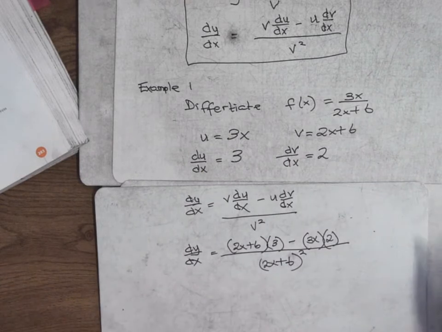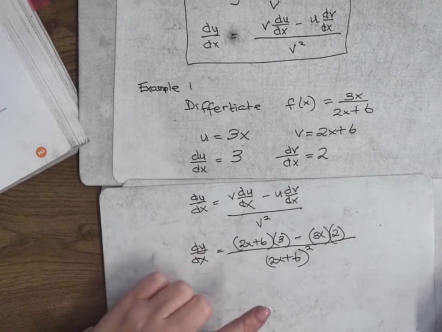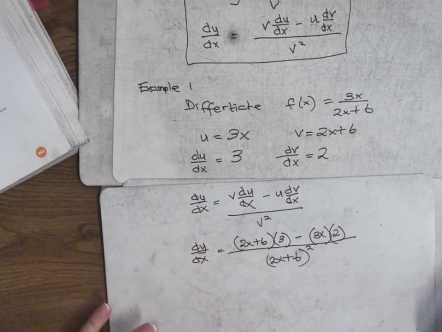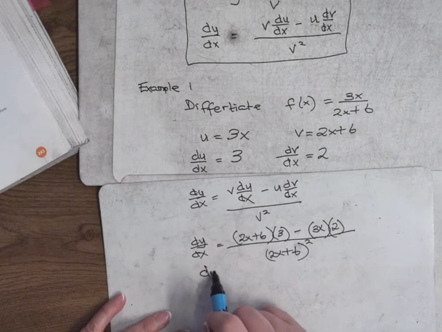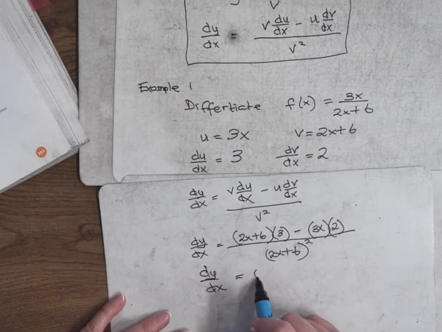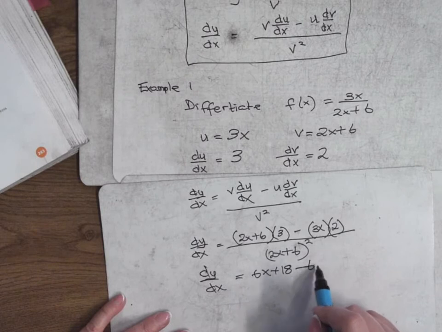Now, as I say, you don't need to multiply it out unless they explicitly ask you to simplify it, okay? And if they do, you'd never multiply out below the line. Okay, so I'll just tidy up on top, dy dx, multiply into that bracket, you'll get 6x plus 18 minus 6x.